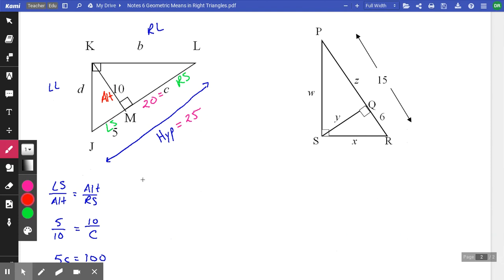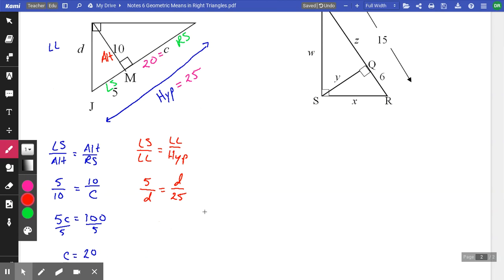The proportion that we could use is that the left segment over the left leg is equal to the left leg over the hypotenuse. And so substituting in, left segment is 5, left leg is D, equals left leg, which is D, over hypotenuse, which is 25.